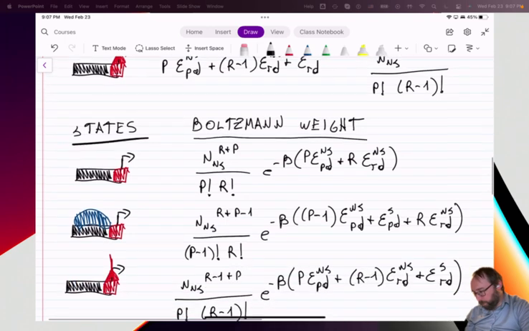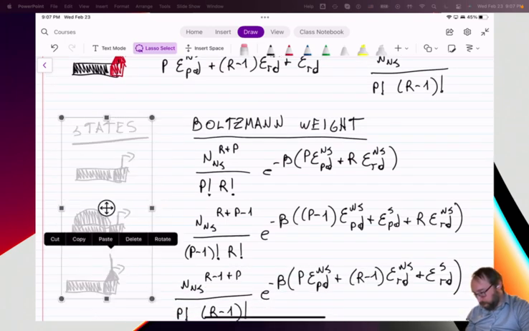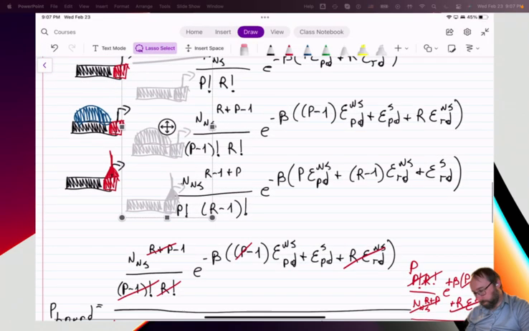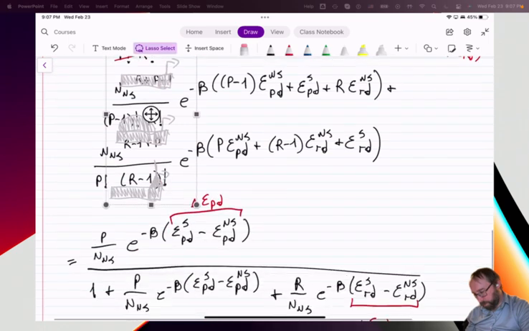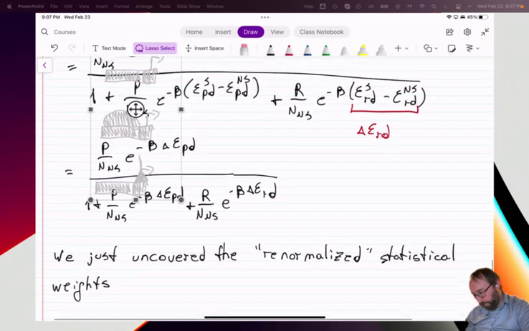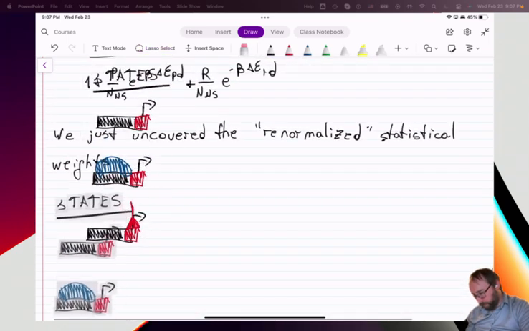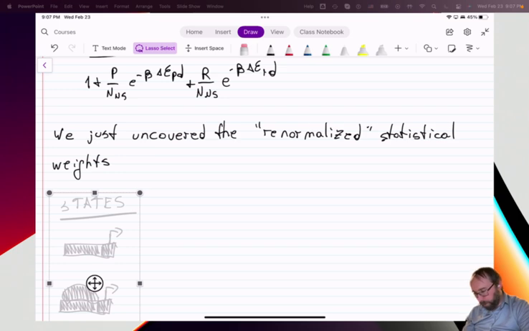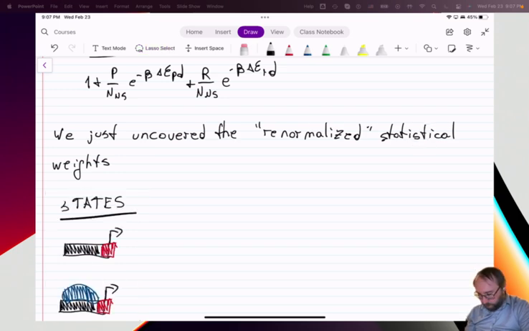Check it out. Let's borrow my states drawing from here because I don't want to draw it again. Bring down. Okay. Now here I'm going to write the renormalized weights.